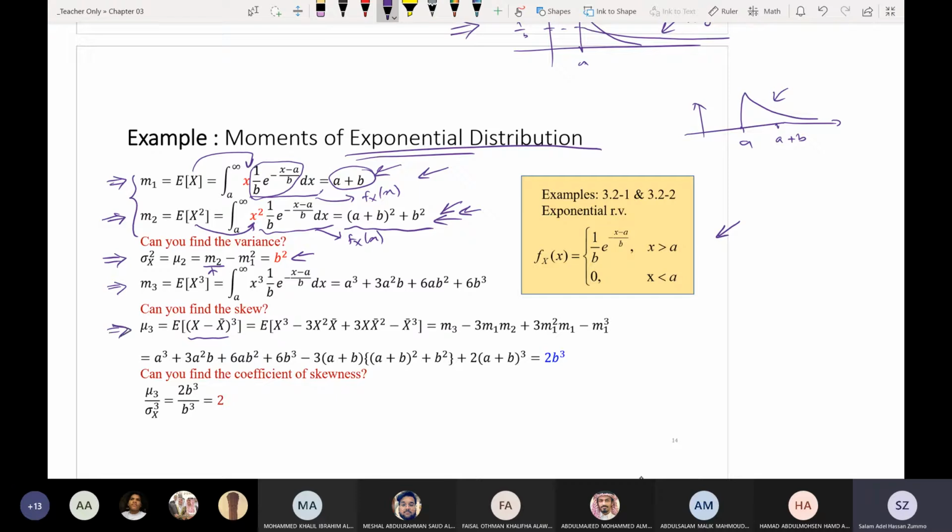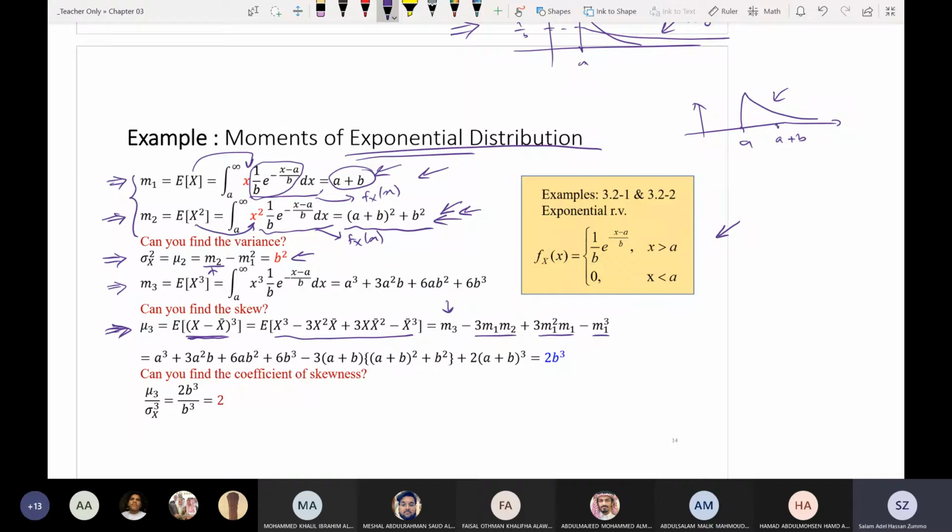So the skew, which is mu3, equals this, if we open up the cube, x minus x bar to the power 3, then we have this inside. Now this is m3. We have found m1 and m2 before, and this is m1 cubed.